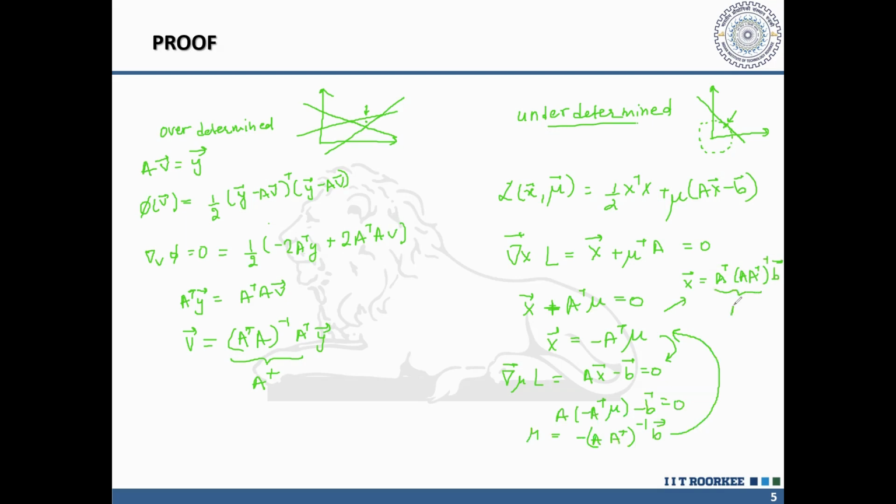And this thing becomes your pseudo inverse, right? So for an overdetermined system, your pseudo inverse looks something like this, and for your underdetermined system, it looks something like this.